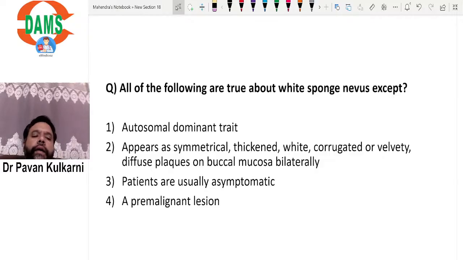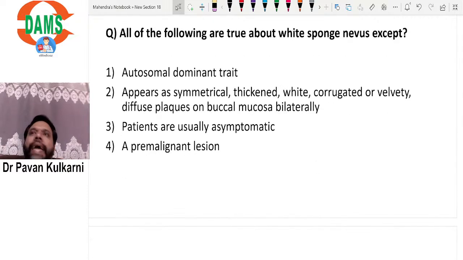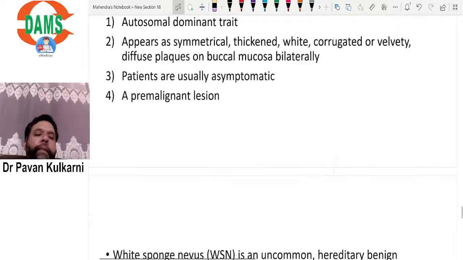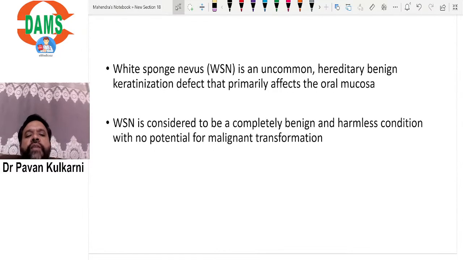It cannot convert into malignancy. The textbook describes it as a harmless condition with no potential for malignant transformation. So white sponge nevus cannot convert into cancer.